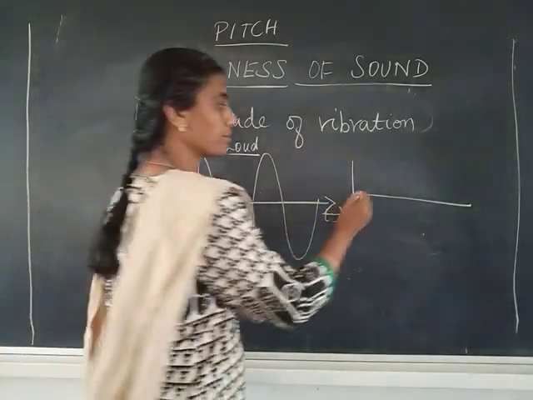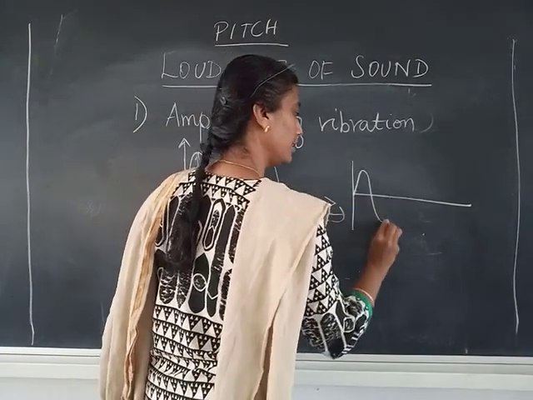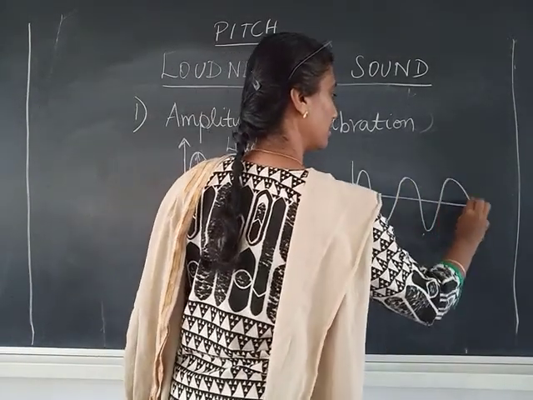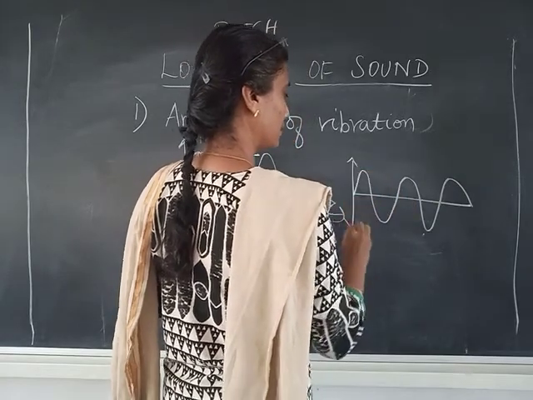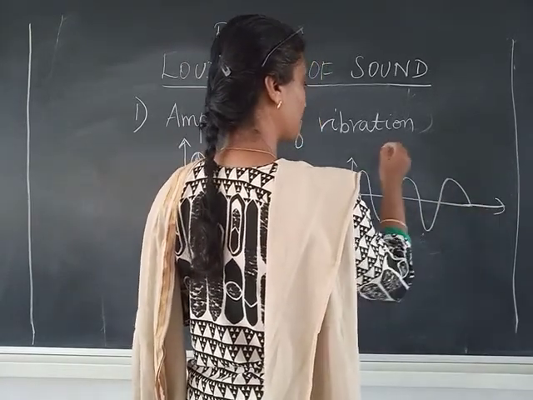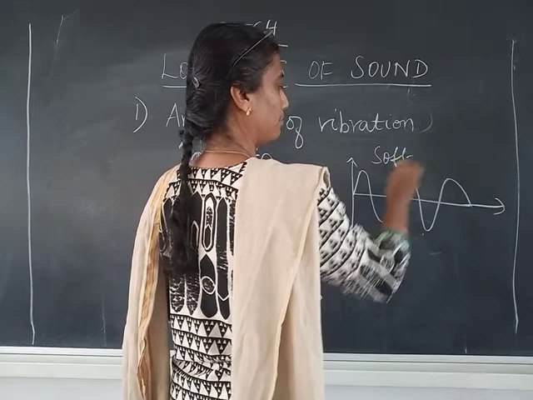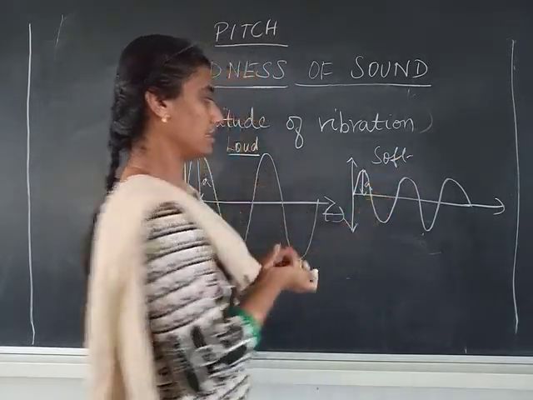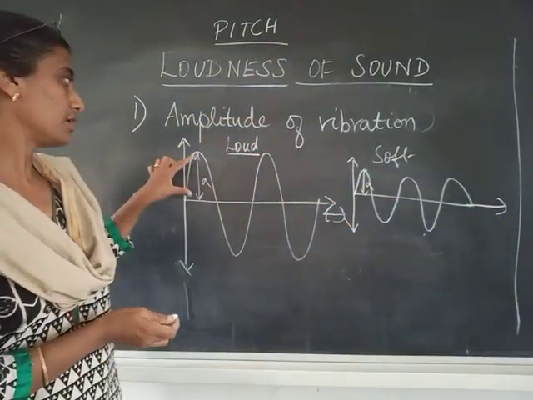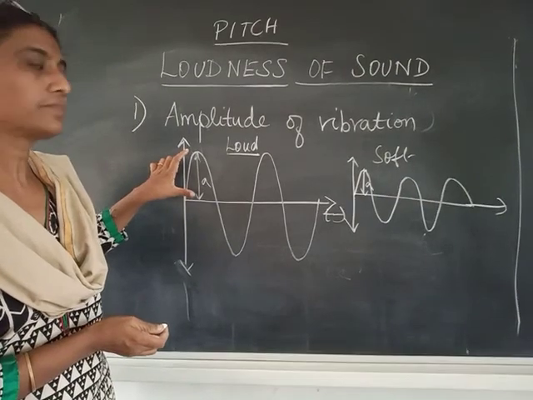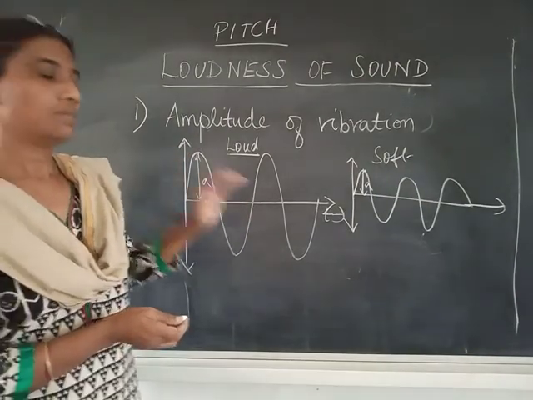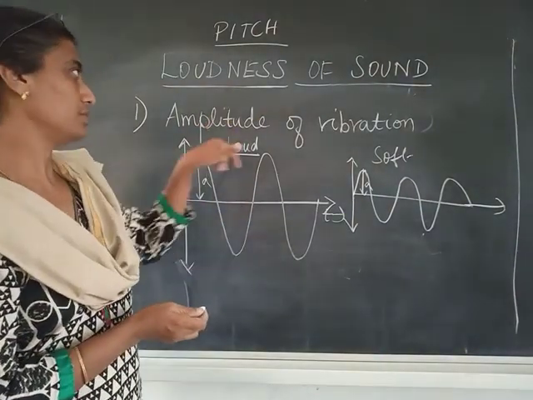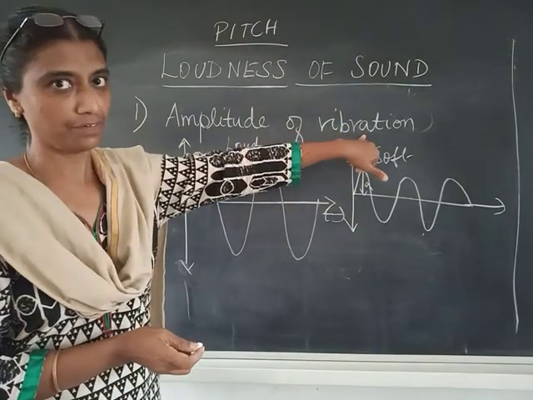But for a soft sound, the amplitude will be less. So for a soft sound, the amplitude will be less whereas for a loud sound, the amplitude will be large. So this is the main factor that affects the loudness, that is amplitude of vibration.